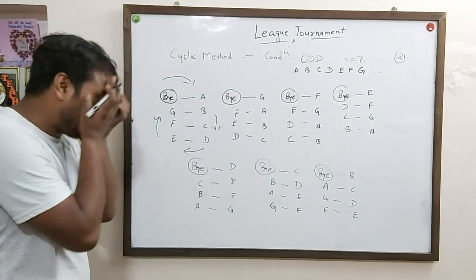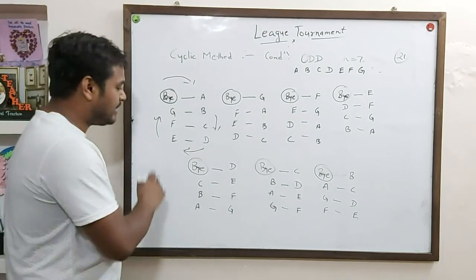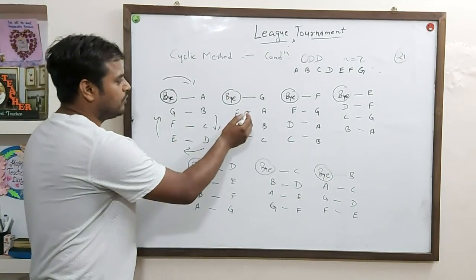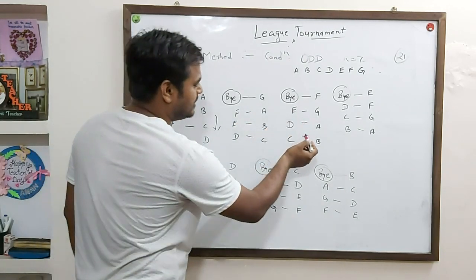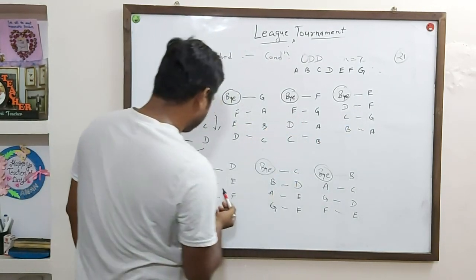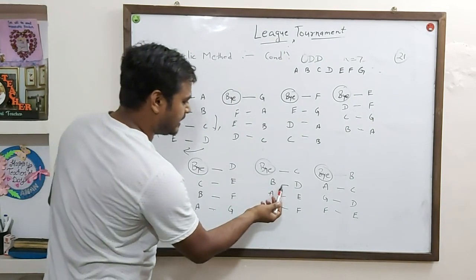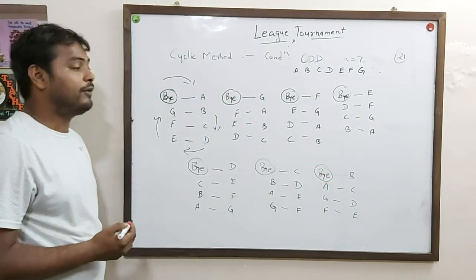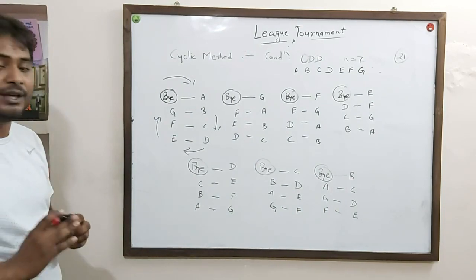So these are not matches, and we will not count them. The rest of the matches we will count: 1, 2, 3, 4, 5, 6, 7, 8, 9, 10, 11, 12, 13, 14, 15, 16, 17, 18, 19, 20 and 21. 21 matches are here. It means our fixture is right.